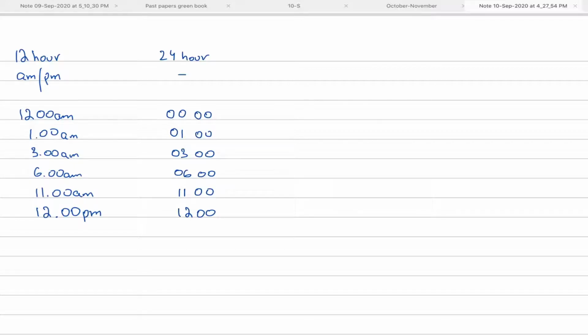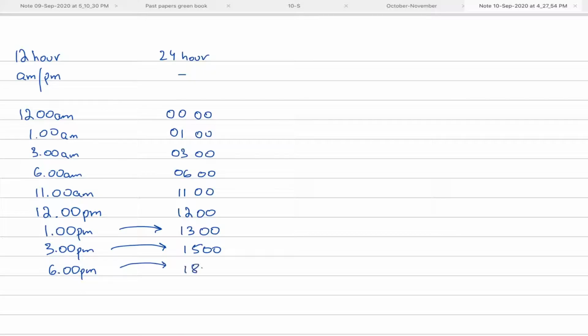Now this is where the times in the 12-hour clock and 24-hour clock become different. So right after 12 PM we have 1 PM, and in 24-hour clock this is going to be seen as 1300, and then when you have 3 PM this is going to be seen as 1500. You can see that what we're doing is we're simply adding 12, and we do that right after 12 PM. And then when, let's say, it's 6 PM, what's 6 plus 12?